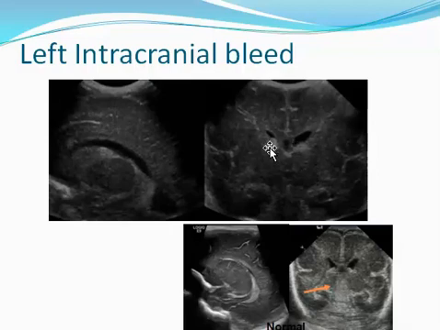Now you check it on the coronal view, and you will see there is an irregularity, like an asymmetric presence of this echogenicity. So this is the bleed on the left side. This is the normal, just to show you the normal structures.